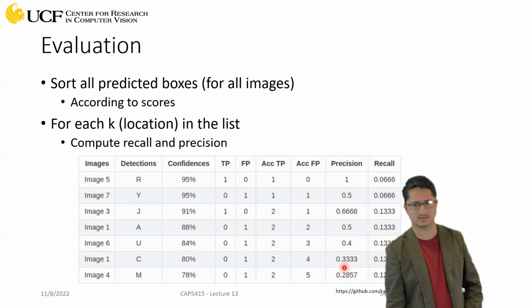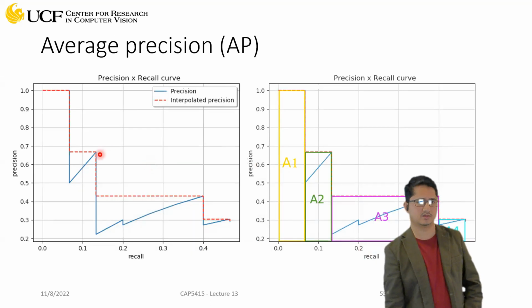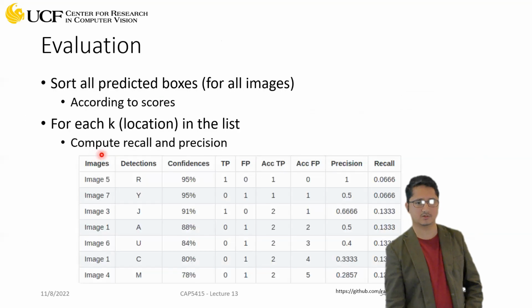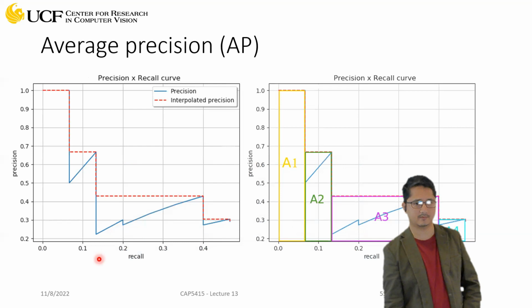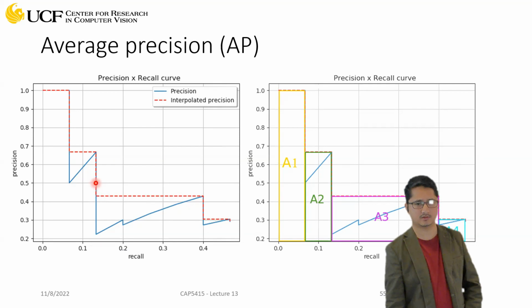It's decreasing, right? So this was 0.6, then it went to 0.5, and then to 0.4.